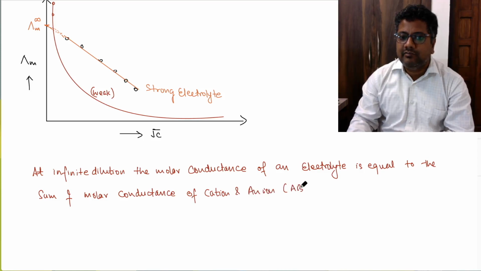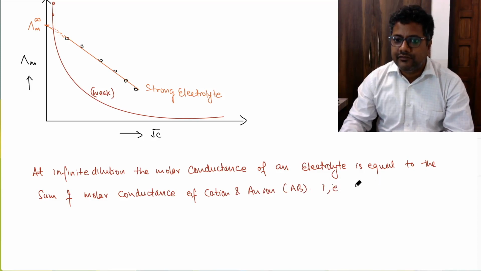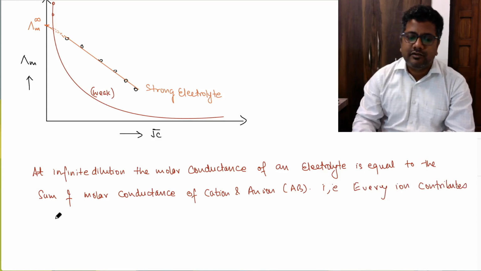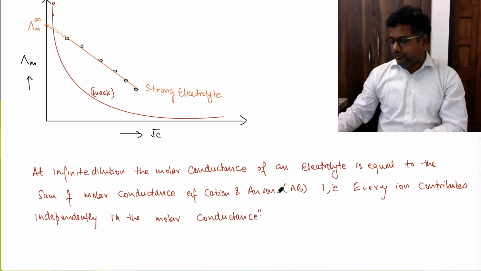I am taking an AB type electrolyte. That is, every ion contributes independently in the molar conductance.